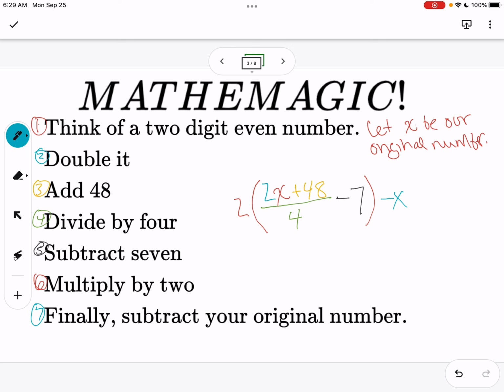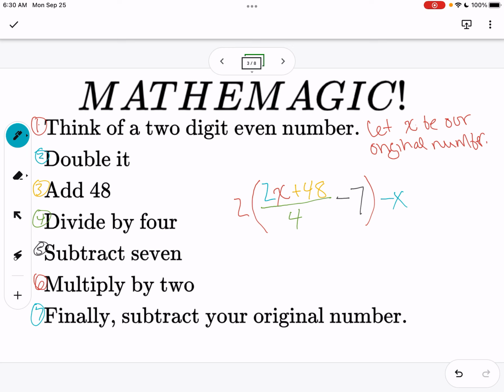Right? I look at this and I immediately think, oh, that simplifies to 10. Anyone? No. It's not obvious why this equals 10, but we can simplify this expression, and we'll talk about the vocabulary in just a moment.